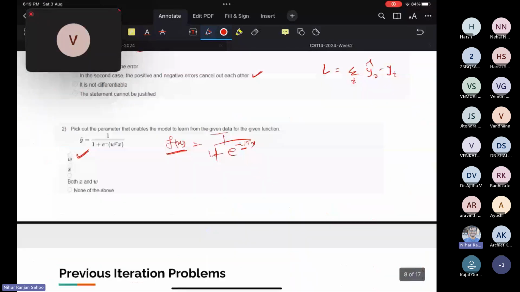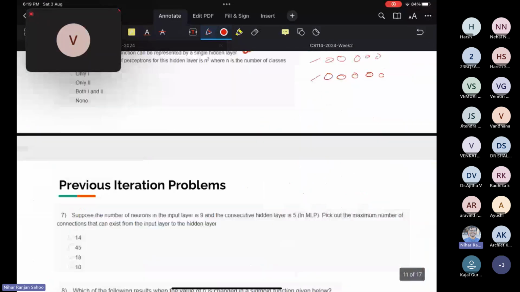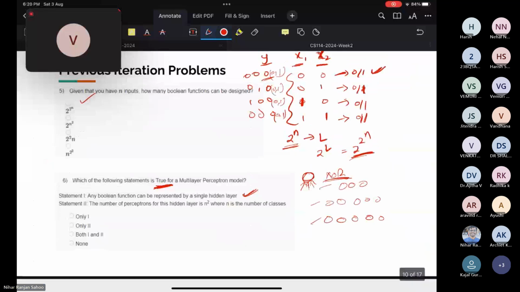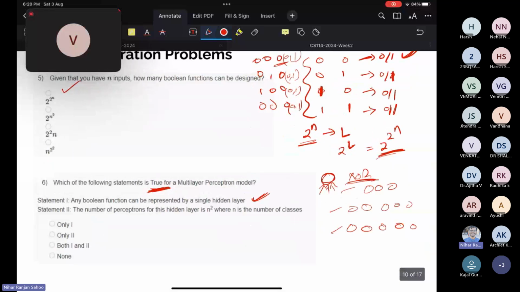So going by that theorem, yes, any Boolean function, including XOR, can be represented by a single hidden layer in a multi-layer perceptron model. The only catch is you need an exponential number of neurons, exponential with respect to the number of inputs.